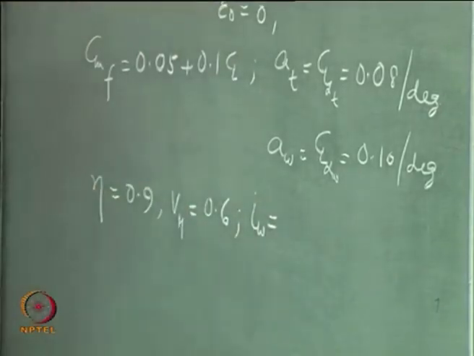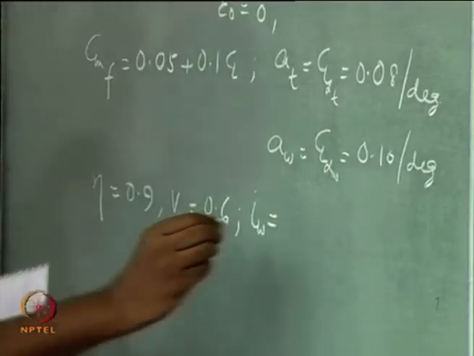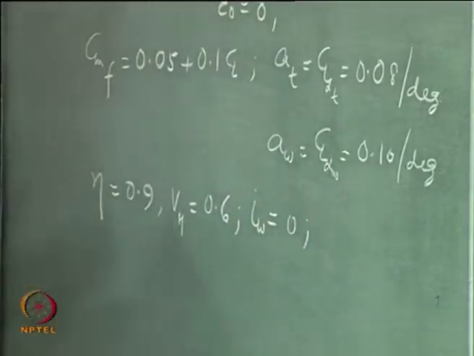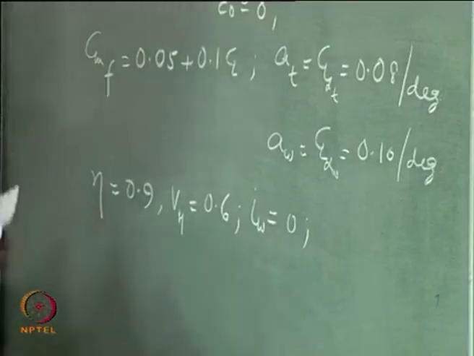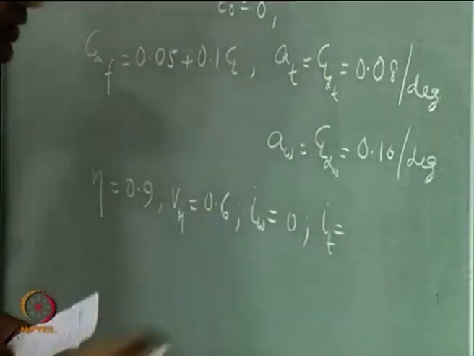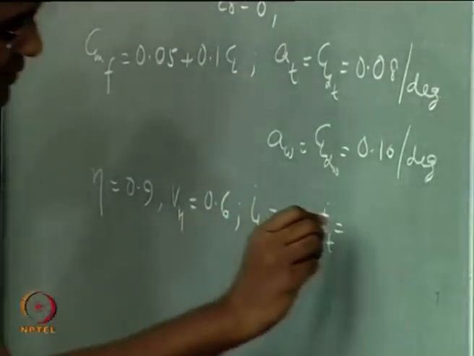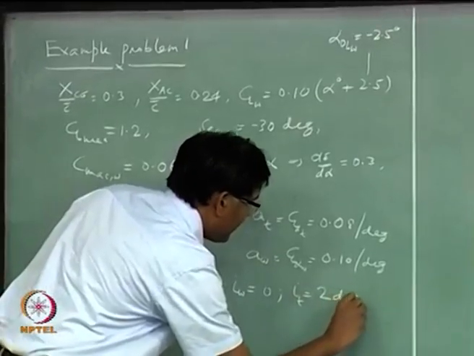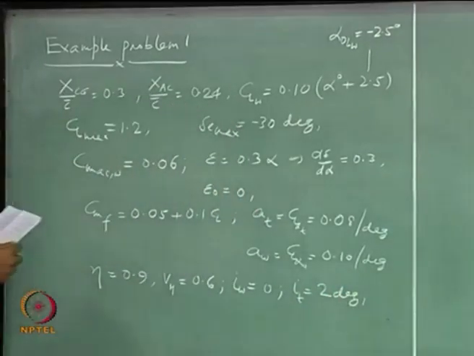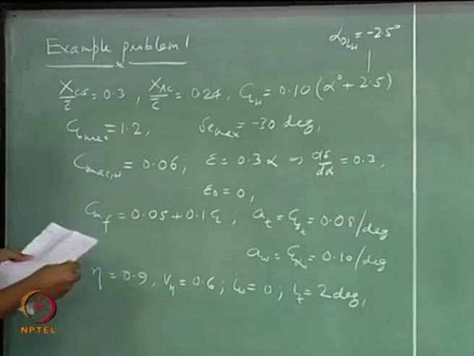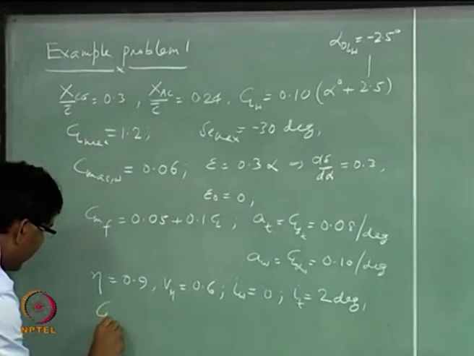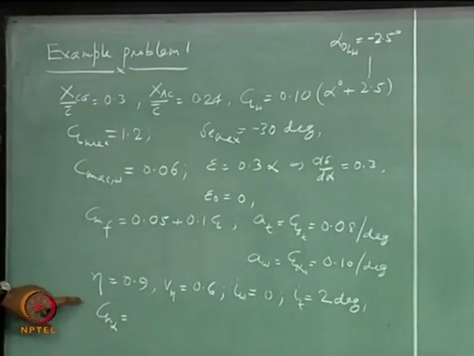Wing incidence angle with respect to the fuselage reference line is 0. Tail incidence angle is given as, this is related to the hinge, right.